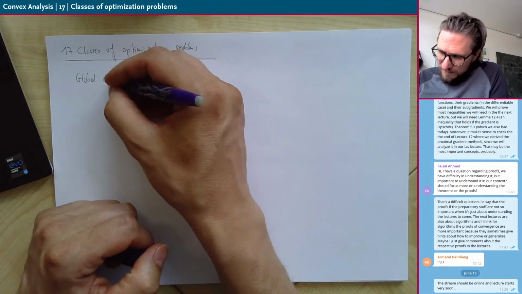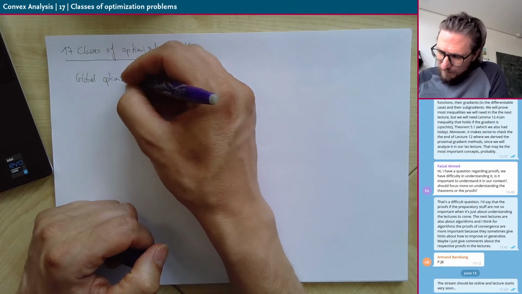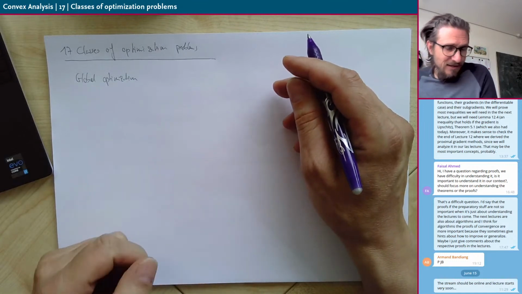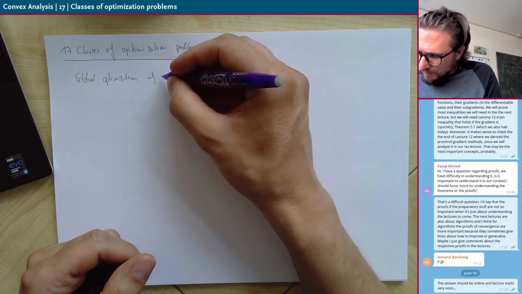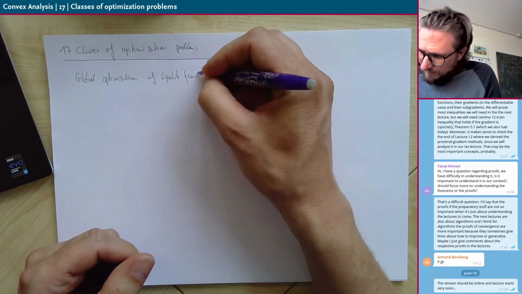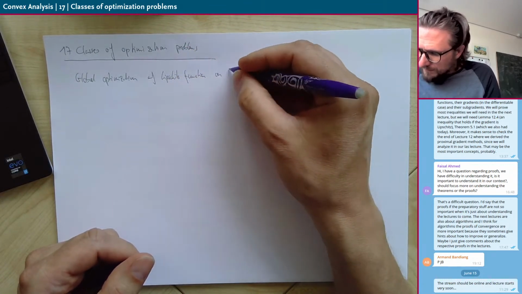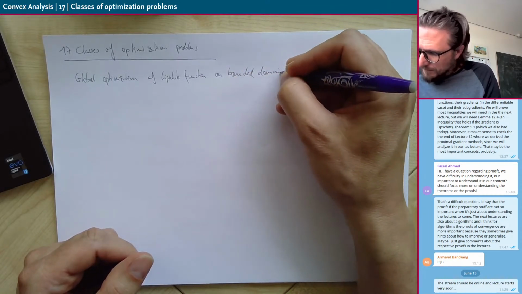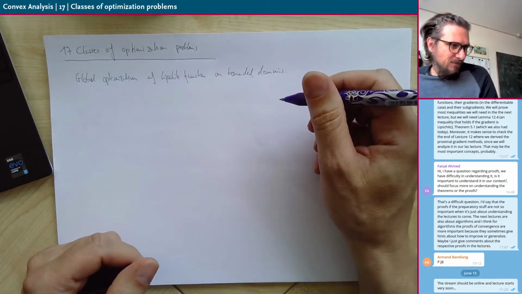Global optimization meaning we want to find the absolute minimum value which the function can assume, of Lipschitz continuous functions on bounded domains.